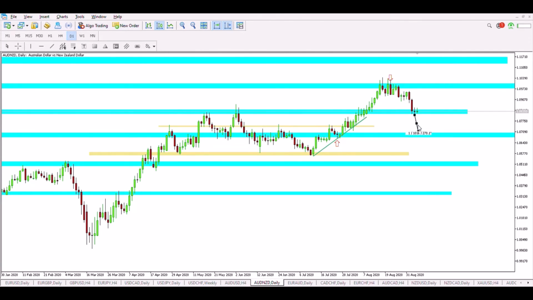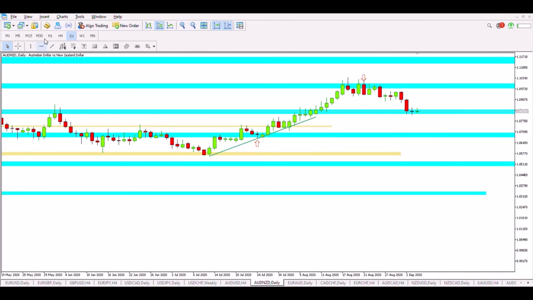Or we can go bearish and test this support zone right here, and even we can go lower to this support area right here. So this is quickly about this pair. Here you can watch for 4-hour signals and 4-hour price action and take a decision for yourself.